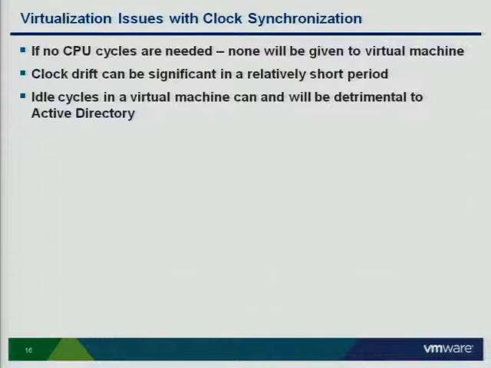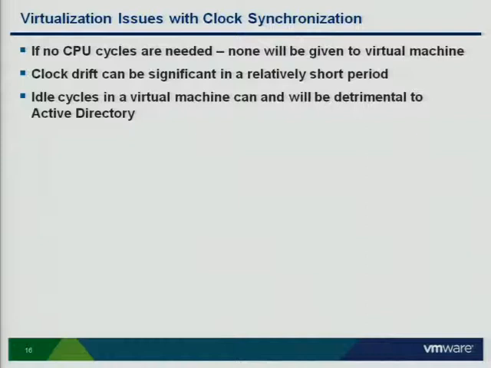If it's not processing the timer ticks, what's happening to the time in that virtual machine? Immediately you start seeing drift. And of course, if you start having too much drift, and it gets beyond that 5-minute tolerance window, now of course we're back to the nasty little problems that come in there.